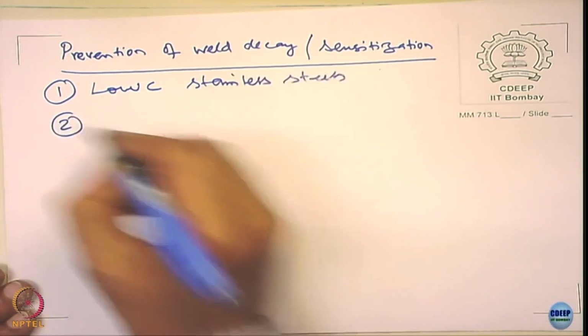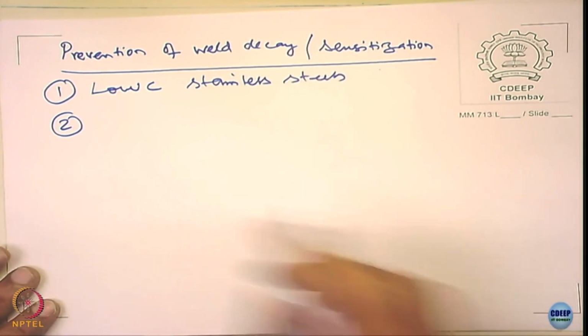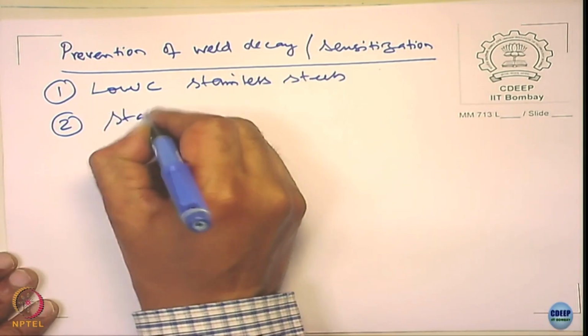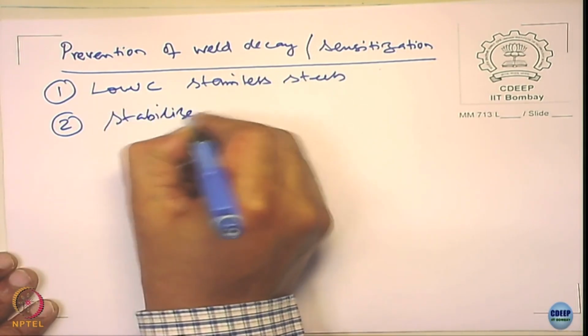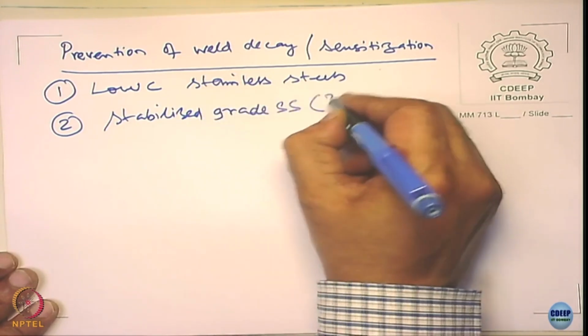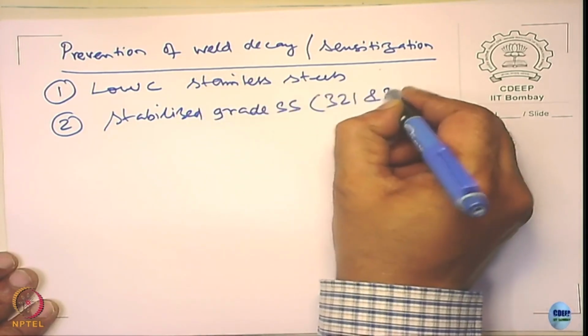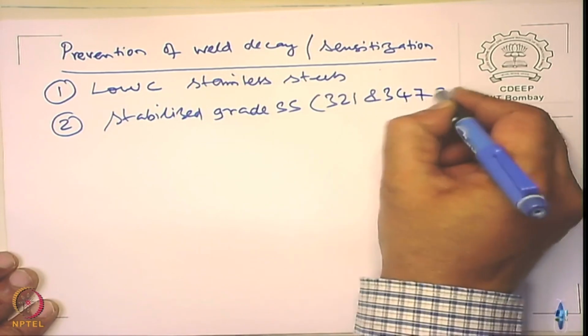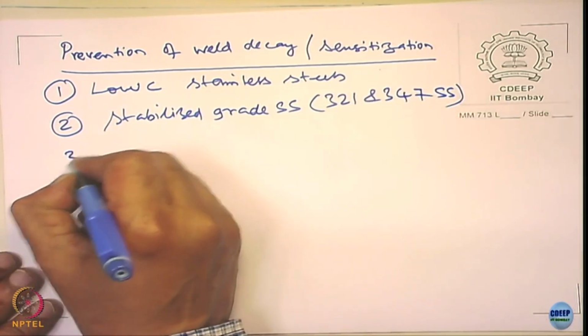Yeah, 2. Yeah, stabilized grade, for example, 321 and 347 stainless steels.